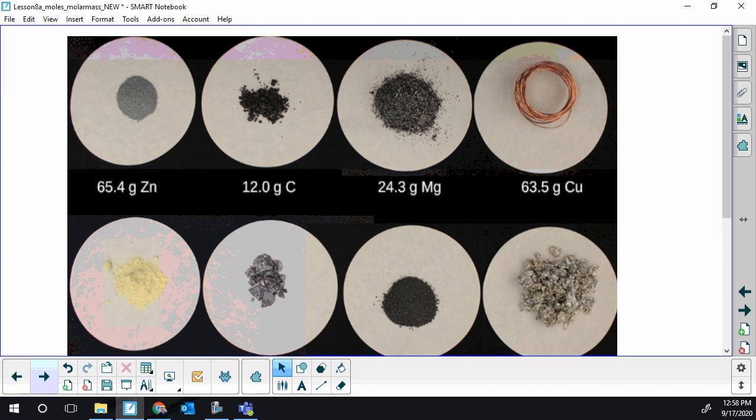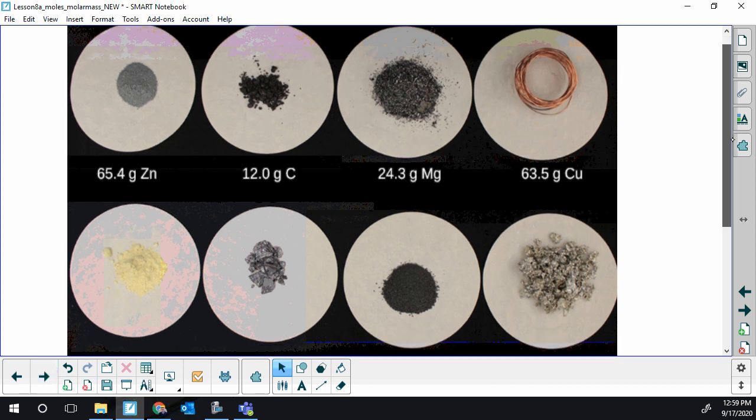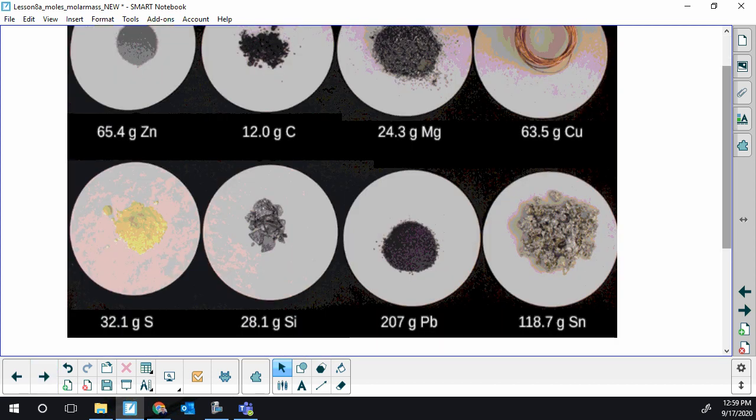Zinc has more neutrons and protons in it. So when you add up a mole of zinc, it's a bit heavier because there's more in the nucleus. Magnesium, 23 grams. Copper, almost 64 grams of copper to get a mole. Sulfur's 32, silicon 28.